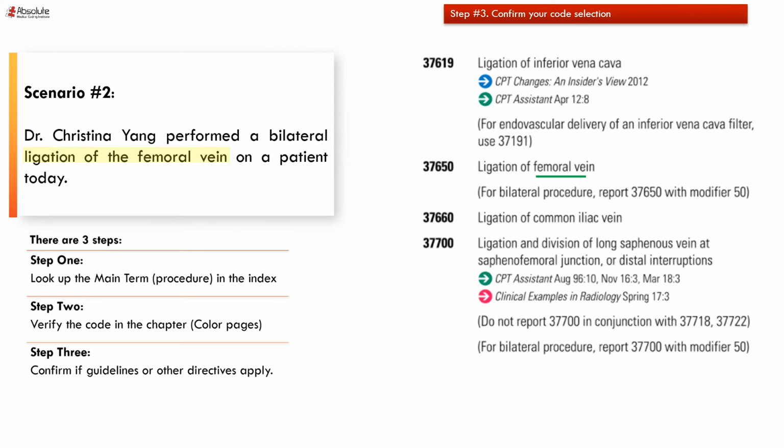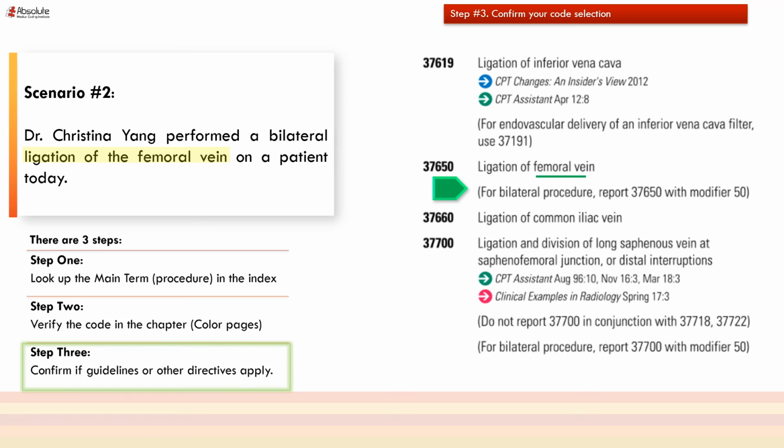If you said yes, then you are absolutely on the right track, because just underneath that code, you will find a parenthetical guideline that says for bilateral procedure, report 37650 with modifier 50. And looking back at our scenario, it did say that Dr. Yang performed a bilateral ligation of the femoral vein, so that means that this parenthetical guideline directive applies.